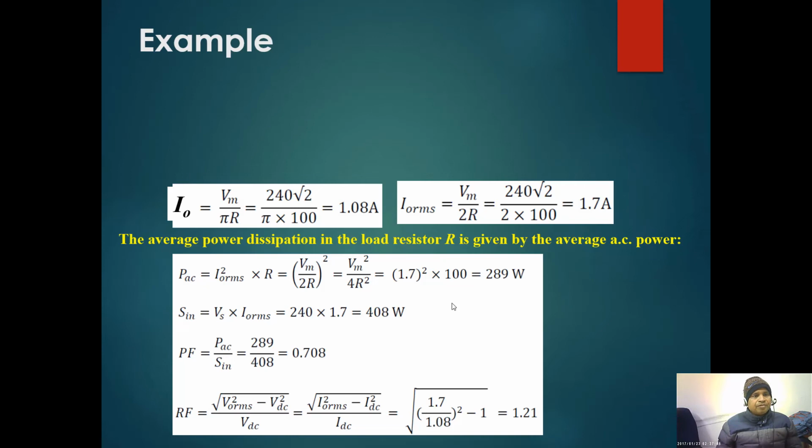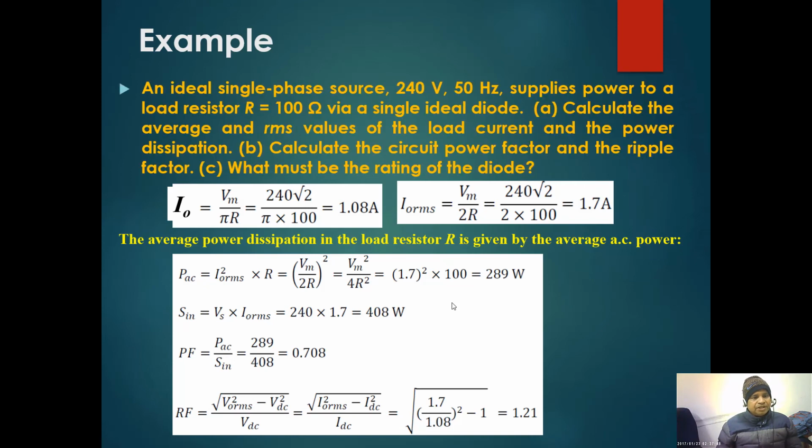So we will take one example here. A single phase source of 240 volt, 50 hertz supplies a load of 100 ohm. Calculate the average and RMS value of the load current and the power dissipation. So if you see here, this is the I naught, our load current formula.